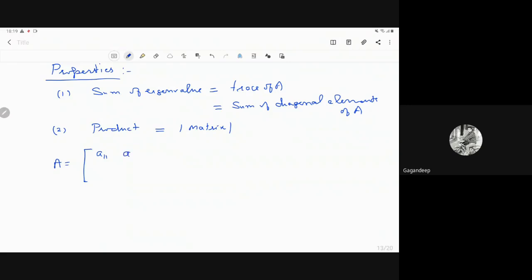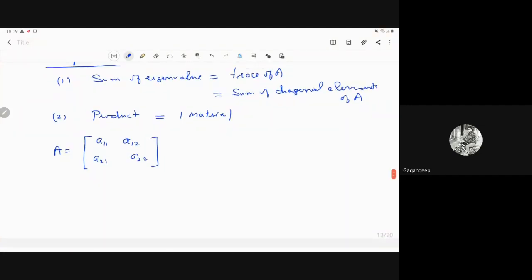Consider a 2 cross 2 matrix with entries a11, a12, a21, a22. How to get its eigenvalues? Determinant of A minus lambda I equal to 0.